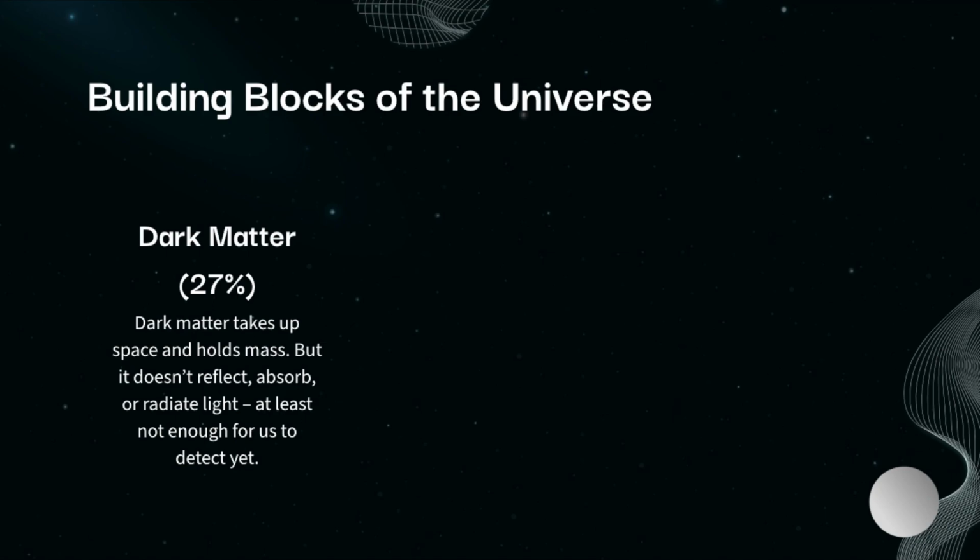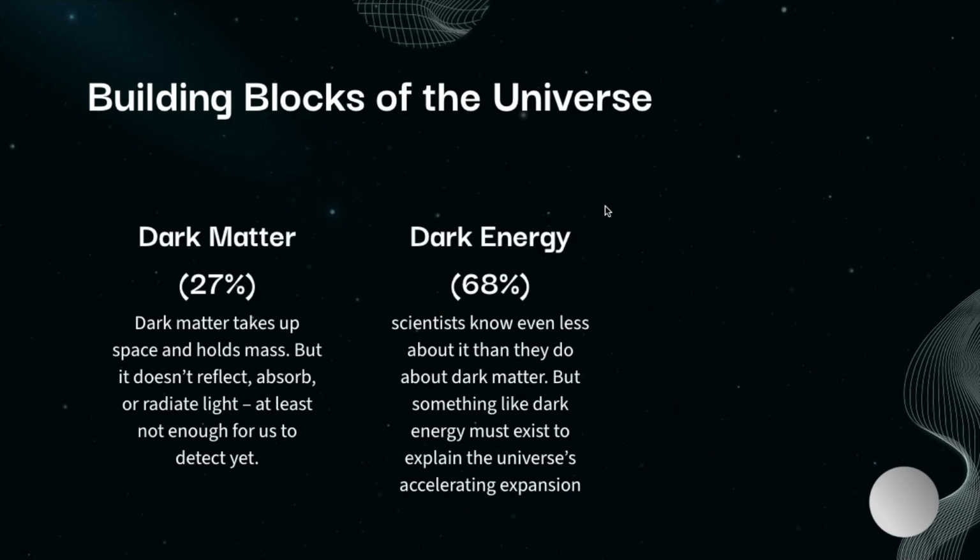So basically, it's all the dark thing you call space, that you see around the planets and the stars. All that's called dark matter. The second one is dark energy, and this one is even more complicated, and it actually makes up most of the universe, which is 68%. But scientists don't really know much about it, and it's more like a theoretical energy.